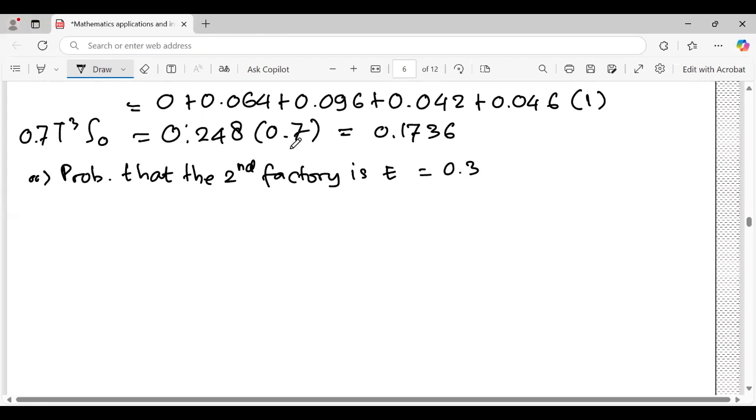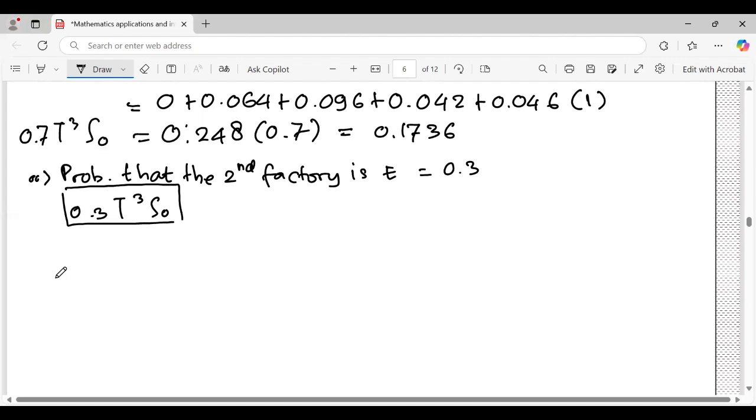So we need to find 0.3 T cube as 0 or state matrix. Okay, this is E to E.